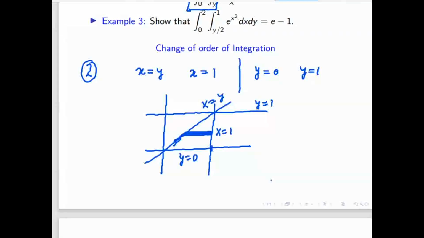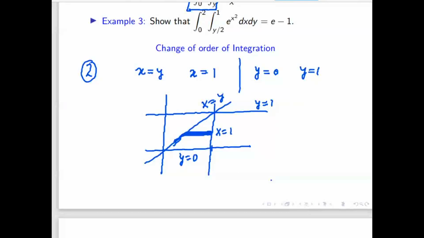So if you move this up and down, you can cover this whole region by this strip. If you start from y equal to 0 and go to y equal to 1, the whole region of integration will be covered, because this strip starts from x equal to y and goes up to x equal to 1 only.